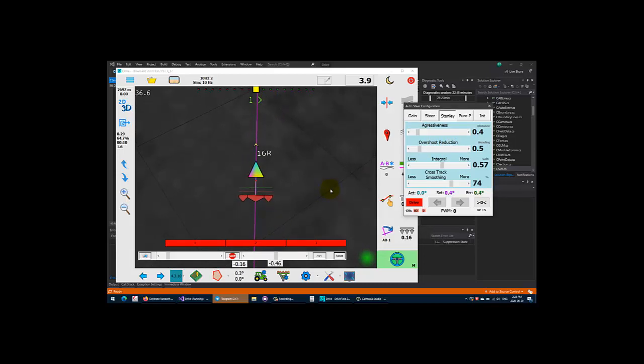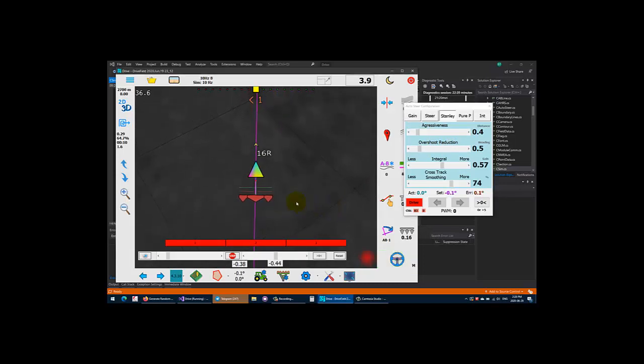what we'll do is turn auto steer off, get off the line, and then hit auto steer on. Speed up a little here. And you'll see that it crosses the line, doesn't work very well.